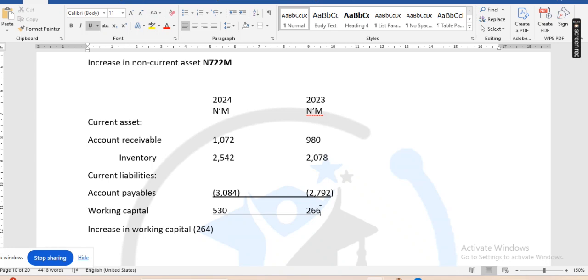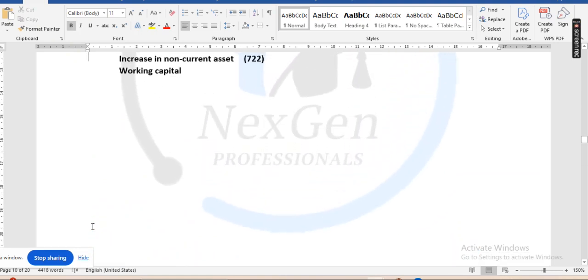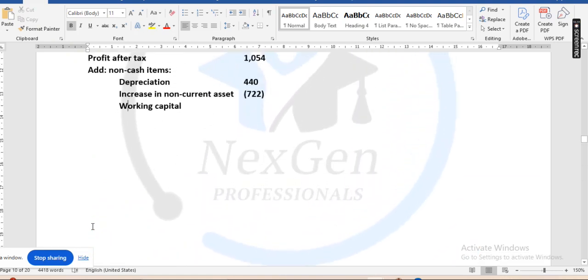So we move on, right? So there's an increase. We all agree that this is an increase in what? In working capital. So we go back to this table, right? Then we now have increase in working capital to be 264.